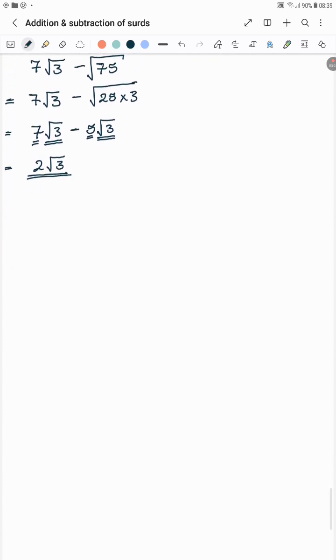We can look at another example that says 3 root 48 minus root 75 plus 2 root 12.